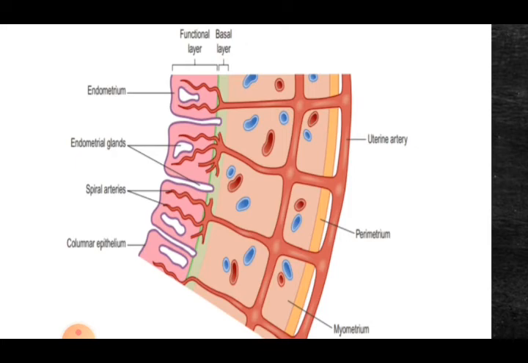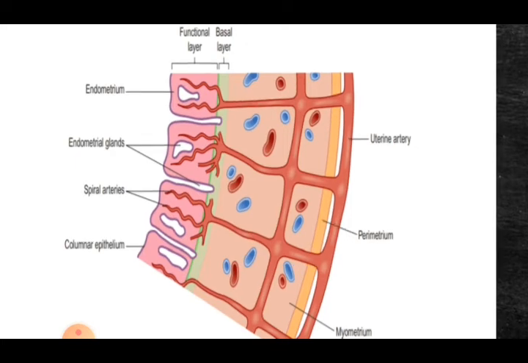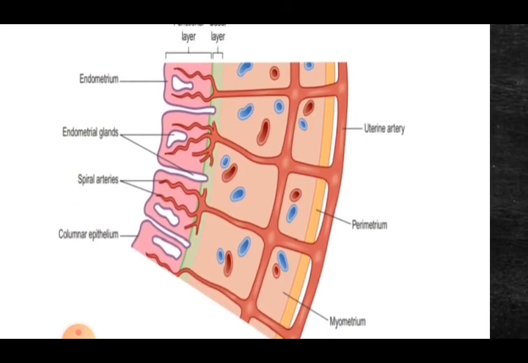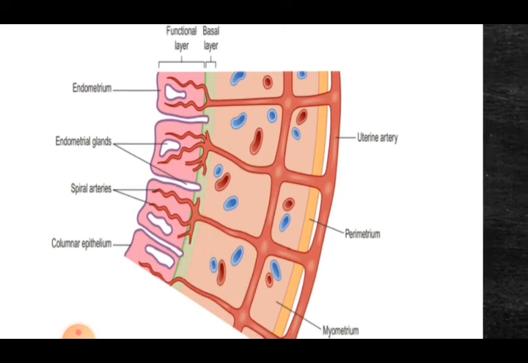This will be supplied by the spiral arteries. These are the spiral arteries. So we will look at the blood supply as well. This is the uterine artery coming from the internal iliac artery, and the layer formed here we call the myometrium, and then comes the endometrial layer, and the endometrium has further the basal layer and the functional layer.